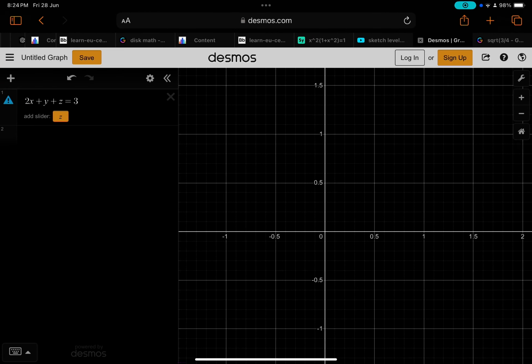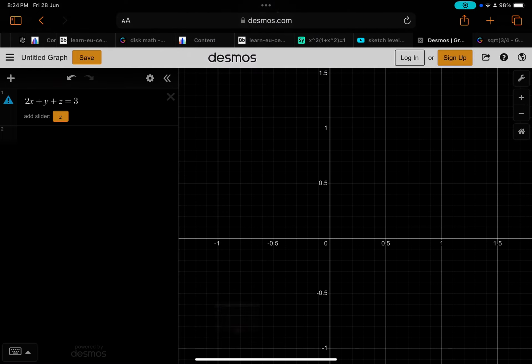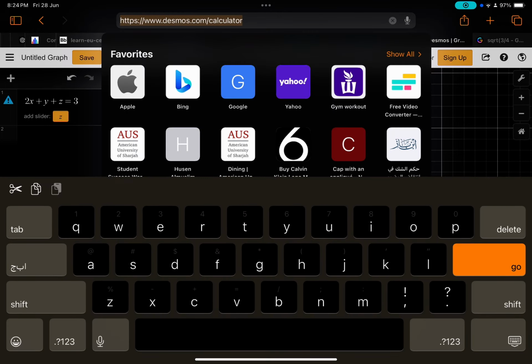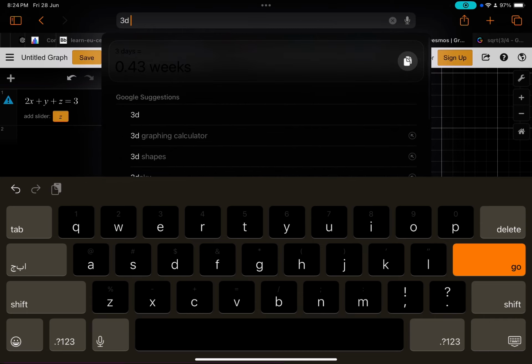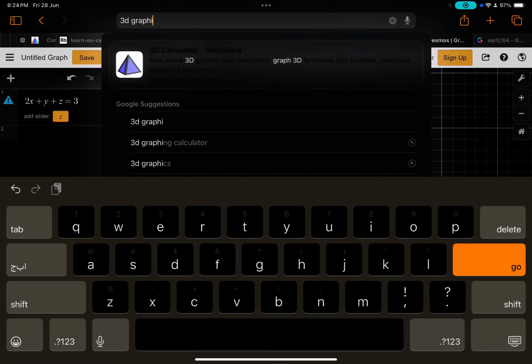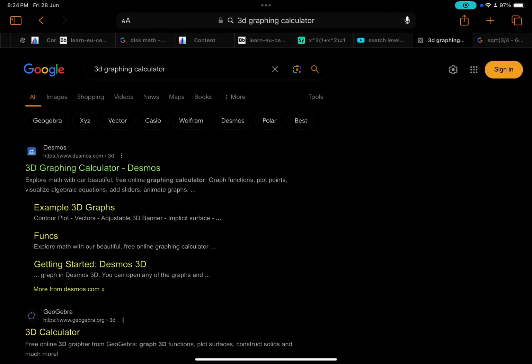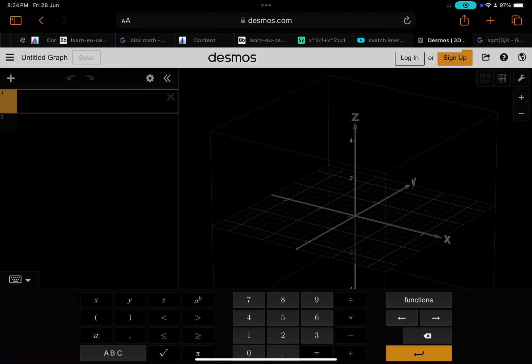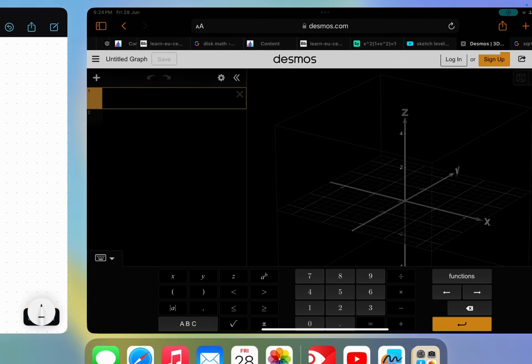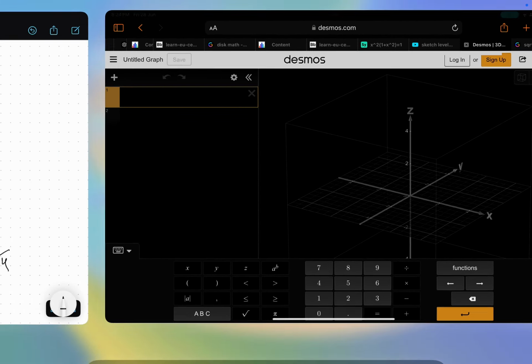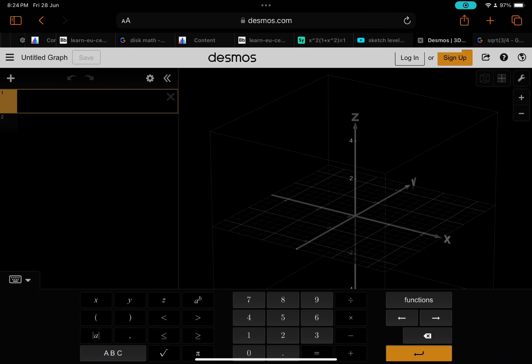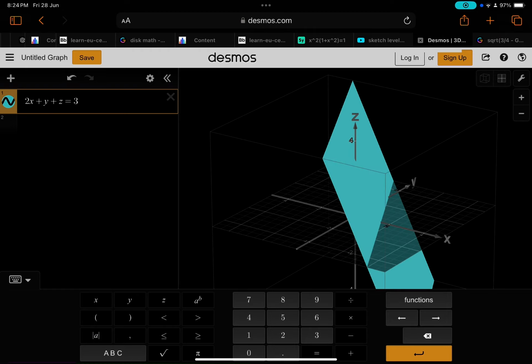Okay, so it's not going to allow us to draw it here. Let's try the 3D graphing calculator for Desmos. Now here we can do it. 2x plus y plus z equal to 3.